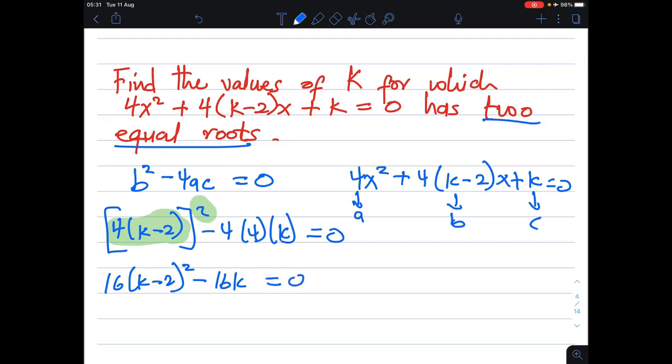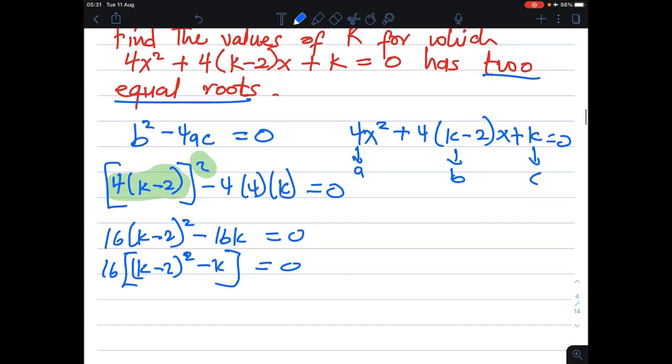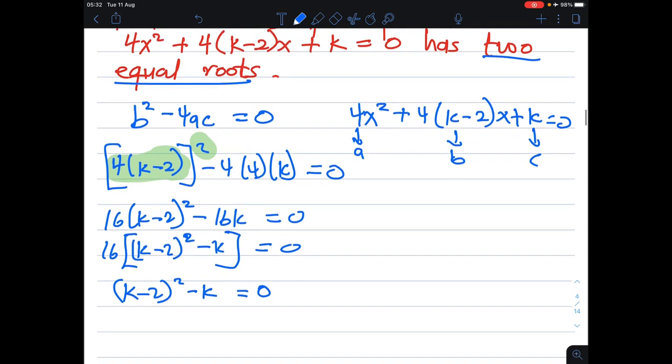Well, 16 is common to both sides, so I can factor 16 out, and that would be k minus 2 squared minus k equals 0. Well, at this stage, I think we can expand the bracket, and then we have k squared minus 4k plus 4 minus k equals 0.